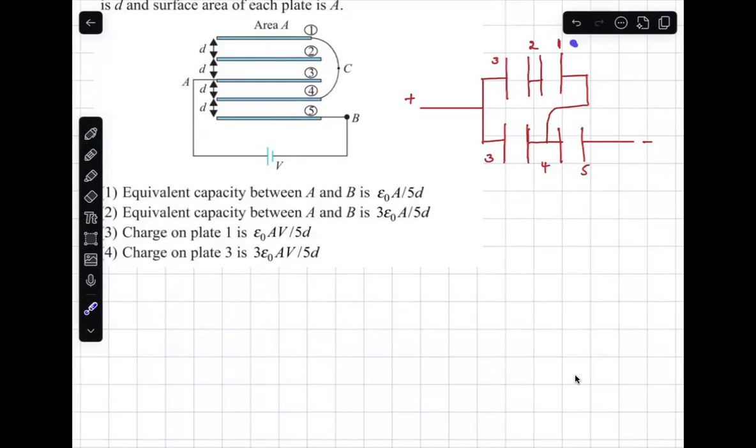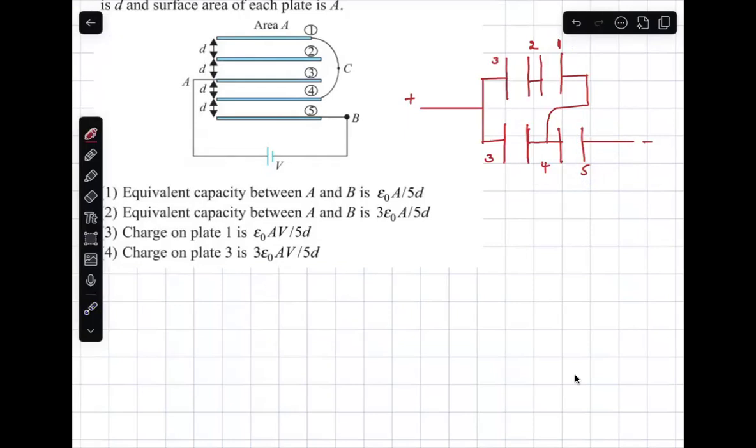First, plate 1 identified, plate 2 identified. Plate 2 will have 2 faces sharing charge. Plate 3, 2 faces sharing charge. Identified. Plate 4. This is a total plate 4. This is a total plate 5.